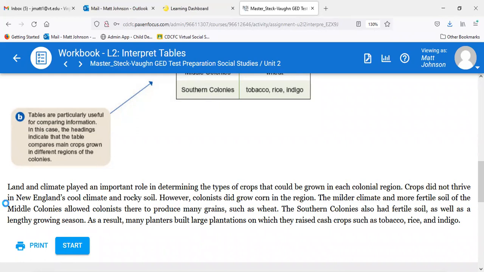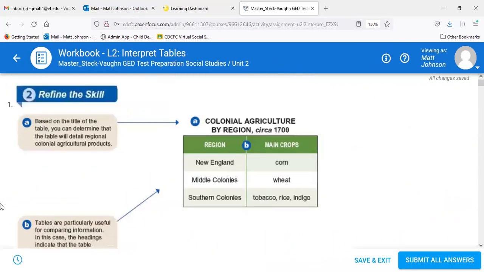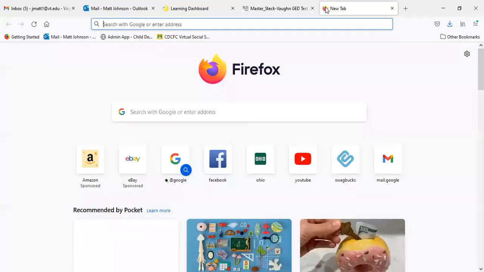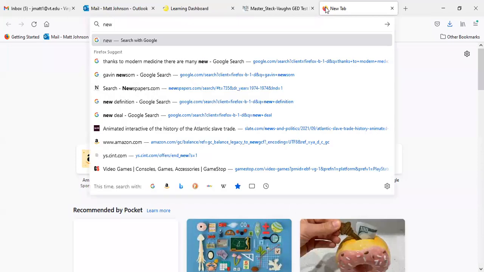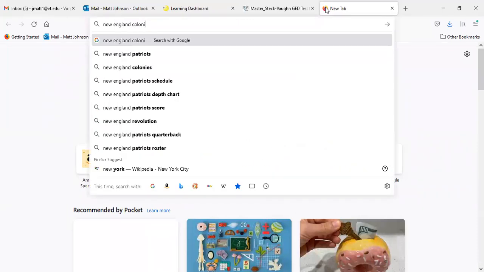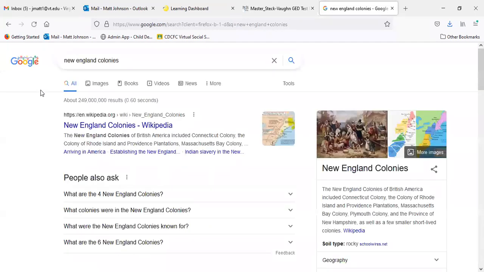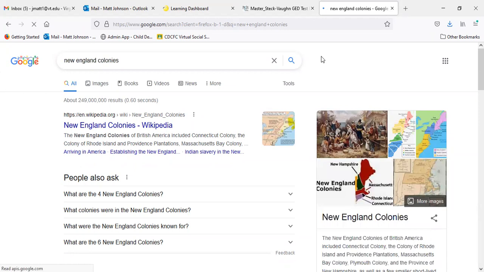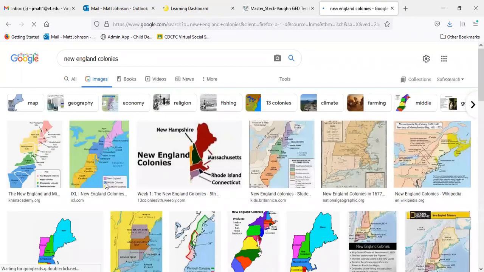Okay, so we'll start the workbook now. And I'm going to try to pull up, so if I put New England colonies, let's see, we'll take a quick look here. If I can get an image for us. Okay, this is perfect right here.